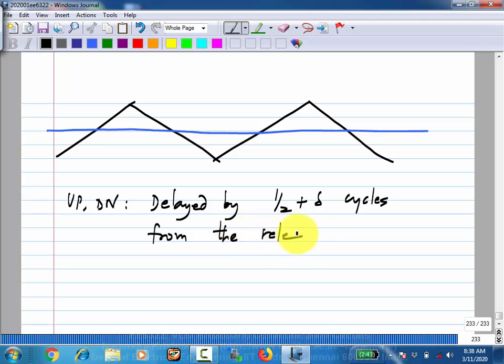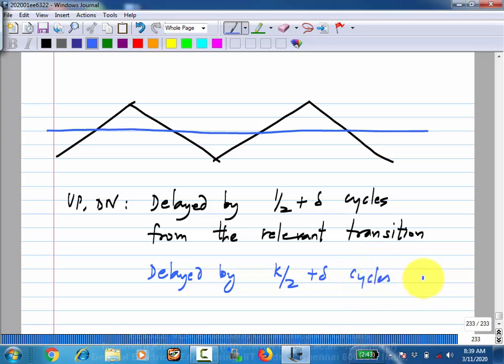From the relevant transition. Okay. So now let's say instead they are delayed by K by 2 plus delta. The delta represents that small shift due to clock to Q delay and so on. Okay. Cycles from the relevant transition, right? Then what do you think happens?